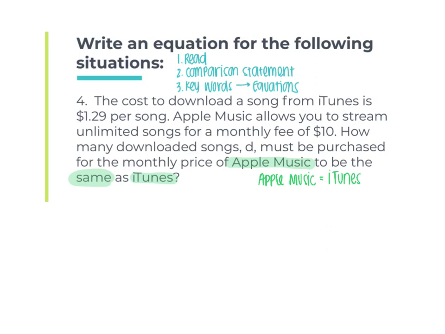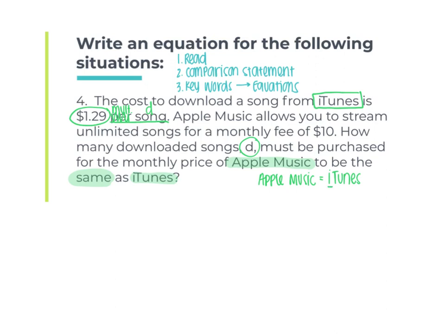Now we move on to step 3 and we look for those key words to create our equation. So the cost to download a song from iTunes. So we're starting by looking at iTunes side of our equation, and we know that it's $1.29 per song. And we know that the word per means to multiply. And we know that instead of songs, we're going to use this variable D because that's what they told us to use.